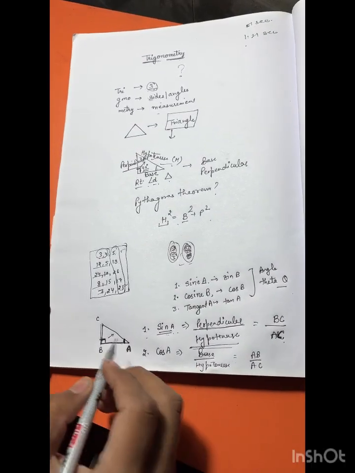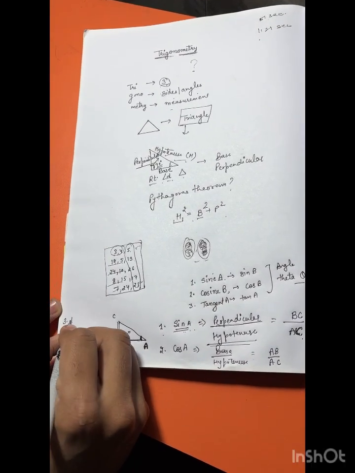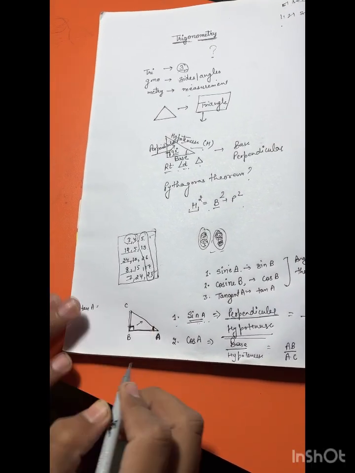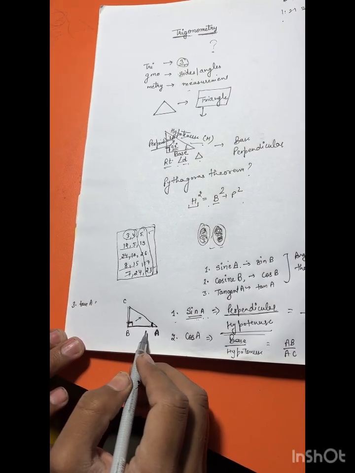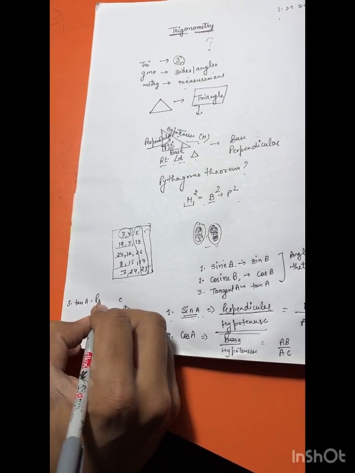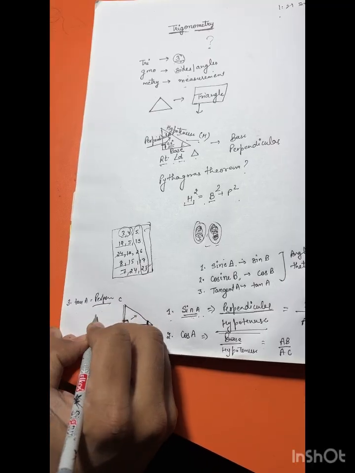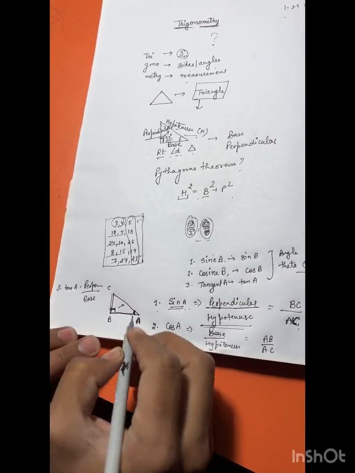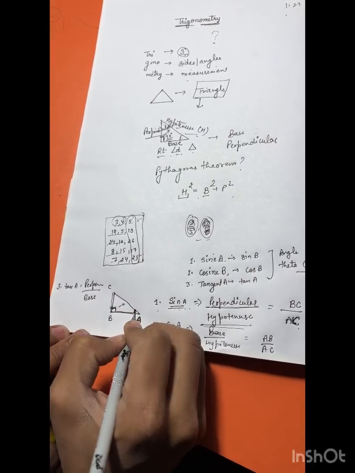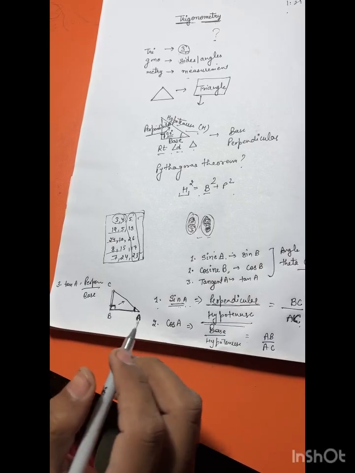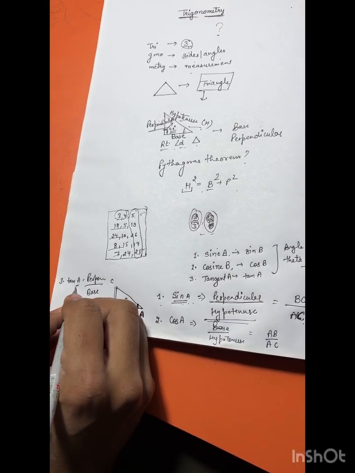Now talking about the tan A, tangent A. So what is the tangent? Tangent is the ratio of perpendicular and base. Perpendicular upon base. So talking about the perpendicular, we are talking about angle A. So first thing you should keep in mind is about which angle we are talking.